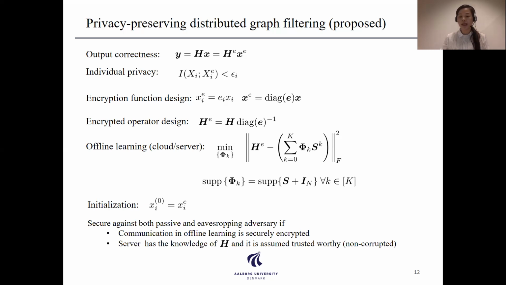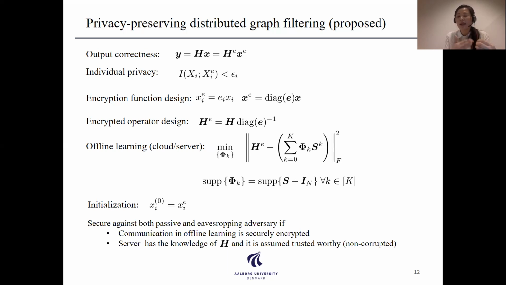We rely on all the communication in the offline learning being secure. For example, when you choose the encryption seed EI, you can choose this EI by yourself, and then you send it out to the centralized server. This communication should be securely encrypted, because if this encryption seed is eavesdropped, then there's no privacy, right?